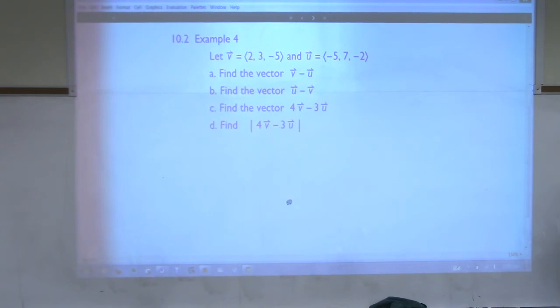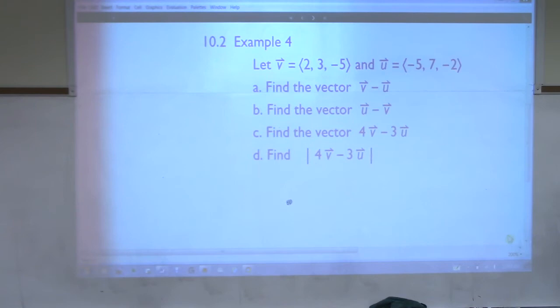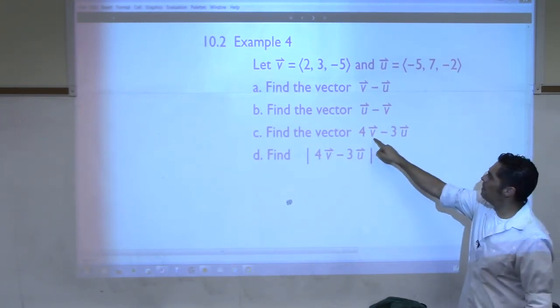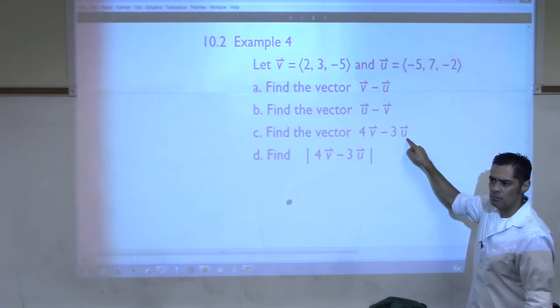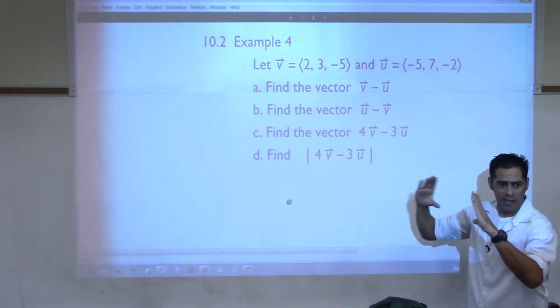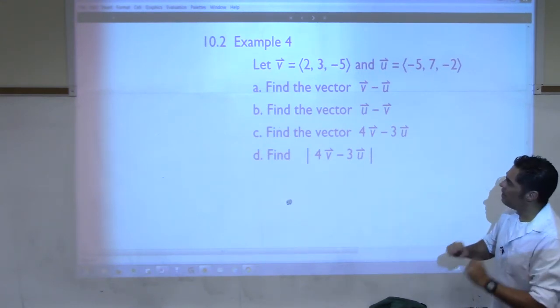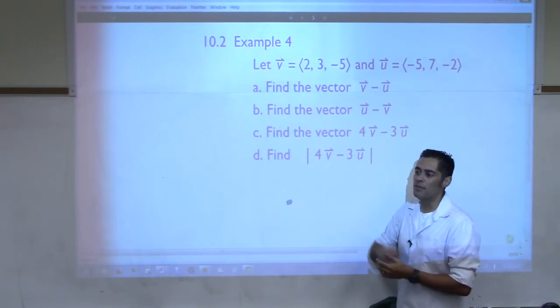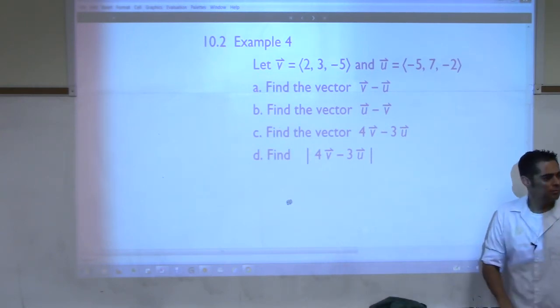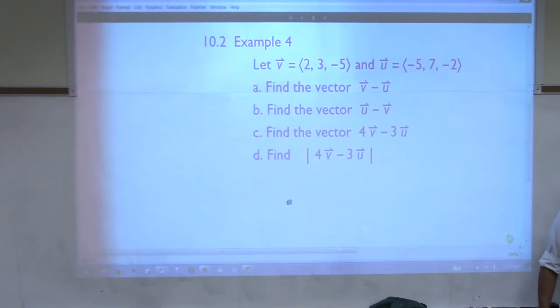I'll zoom in a little bit. I give you two vectors, v and u. I ask you to find 4v minus 3u. Give me that vector in angled brackets. And then, after that, give me the length of that vector. Sound good? All right. Enjoy.